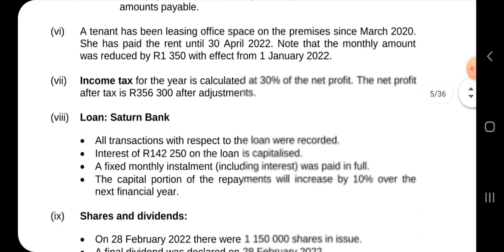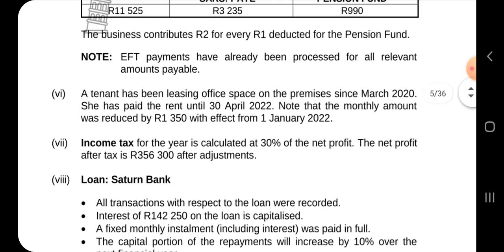So another thing that has been said here, we have 2 months in advance that has been paid for. And again, note that the monthly amount was reduced by 1,350 with effect from 1 January 2022.